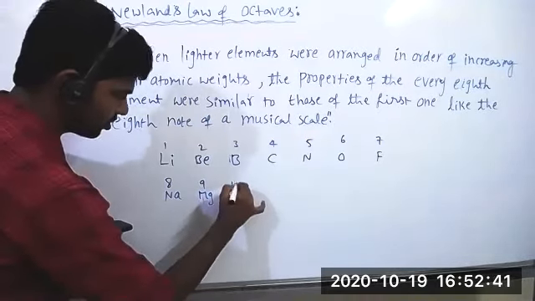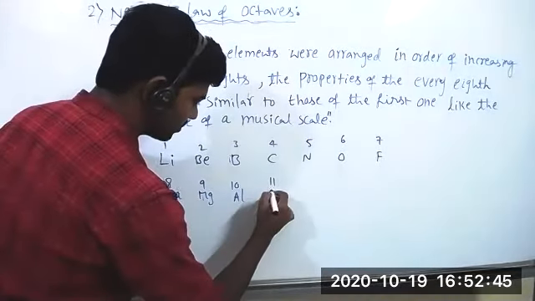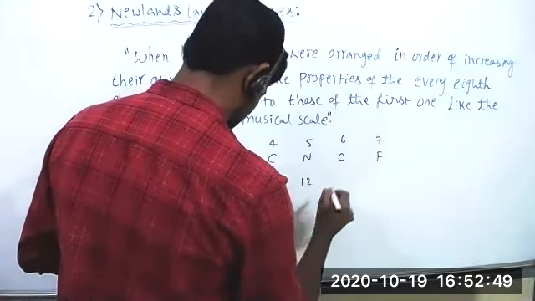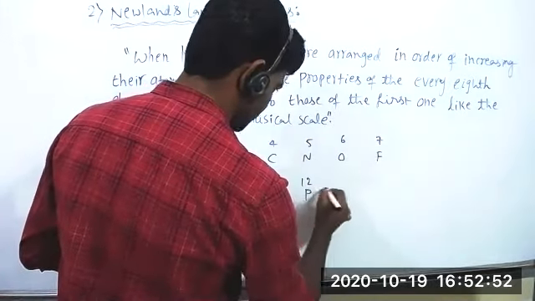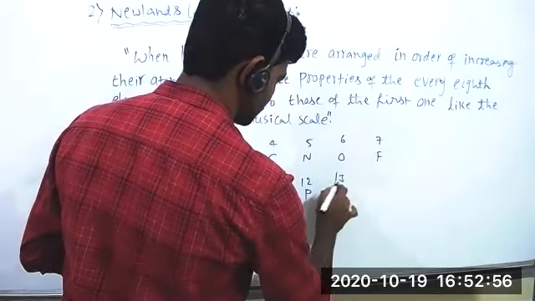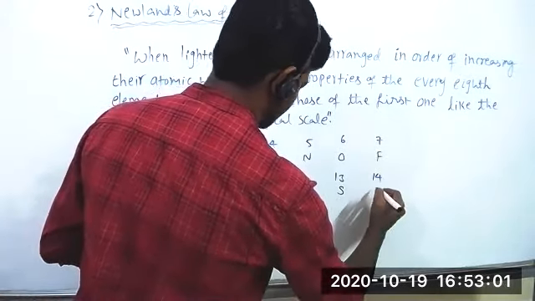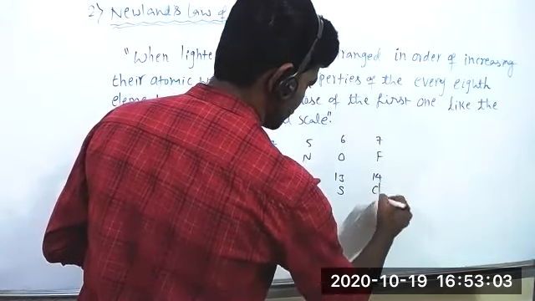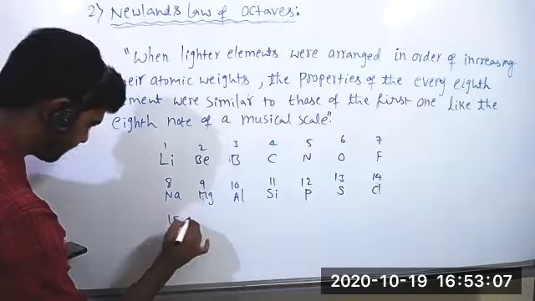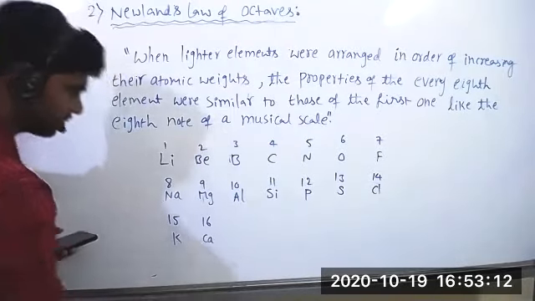Magnesium, aluminium, silicon, phosphorus, sulfur, chlorine, potassium, calcium.